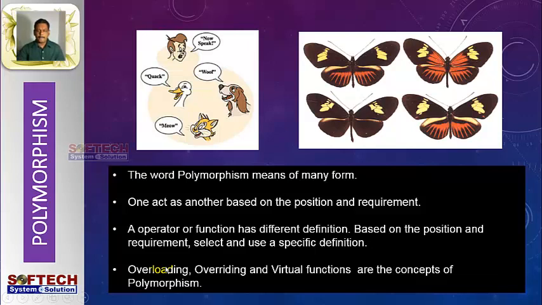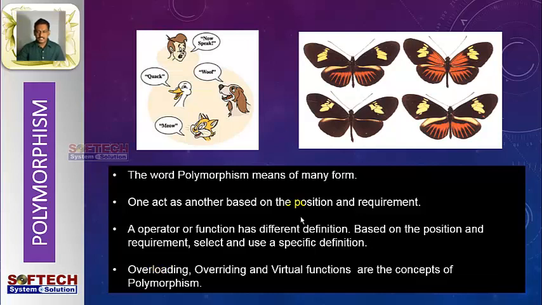That is, a parent class has a function with a specific name. It has some definition. In the same name, we can define a function in the derived class, that is, the child class. That is, the parent has a specific function, and the child also has a function with the same name as the parent class.